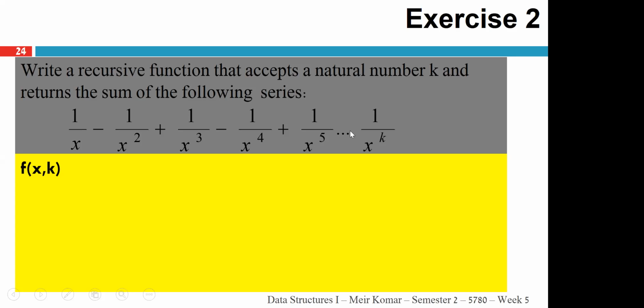It depends on whether K is odd or even. If K is odd, I want to add this to everything beforehand. And if it's even, what do I want to do? I want to subtract it from everything beforehand. What is everything beforehand? If it was odd, it's this plus everything beforehand, all the way back until I get to K equal to 1.